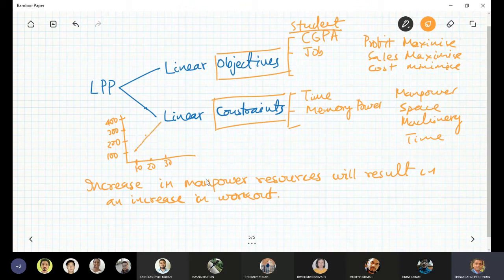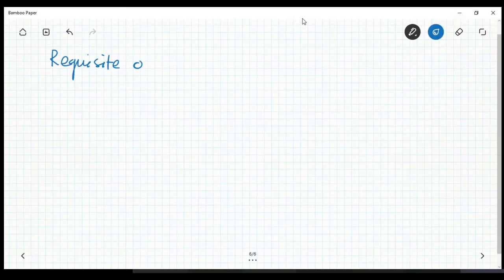If you combine this, it is going in a linear way, isn't it? So this is a requisite of a linear programming model.